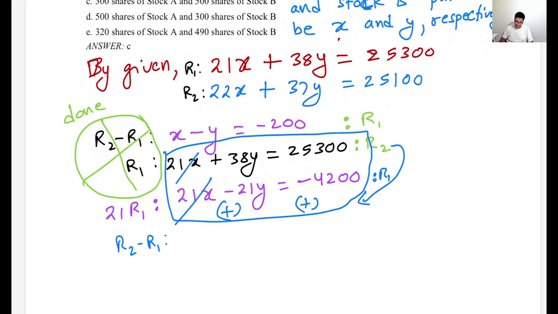So 38 plus 21 will be 59y equals 25,300 plus 4,200. That will be 29,500.